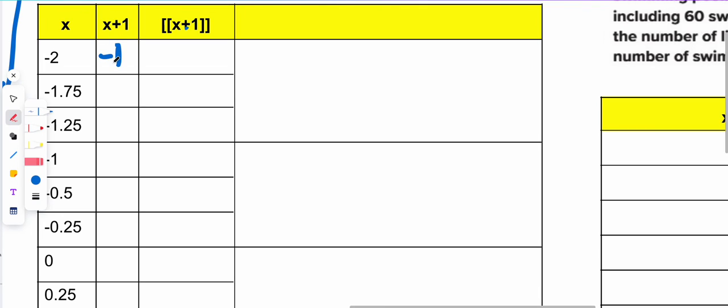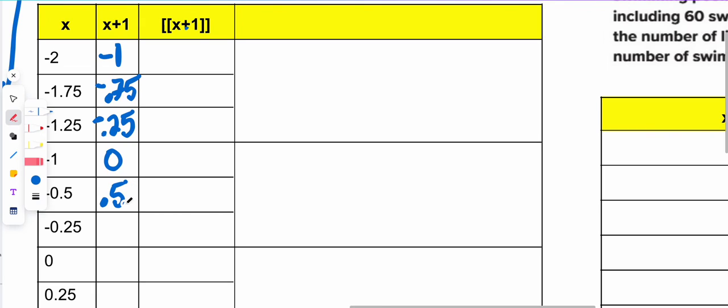Then I would take negative 1.75 plus 1, which is going to be negative 0.75. Negative 1.25 plus 1 is negative 0.25. And I'll just fill out all these x plus 1 values. So negative 1 plus 1 is 0. Negative 0.5 plus 1 is 0.5.